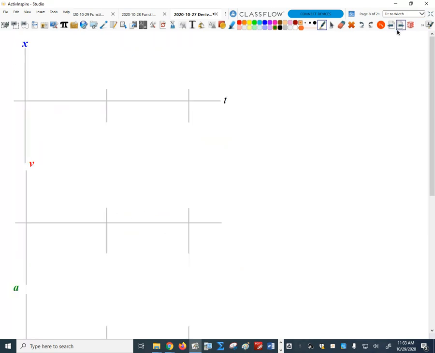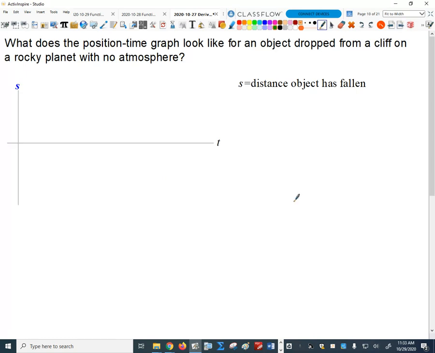All right, so let's consider the case of a planet with no atmosphere. It's a rocky planet with a surface, and I'm going to drop an object from some height on that planet. What is the position time graph going to look like, first of all? Isaac, what do you think?